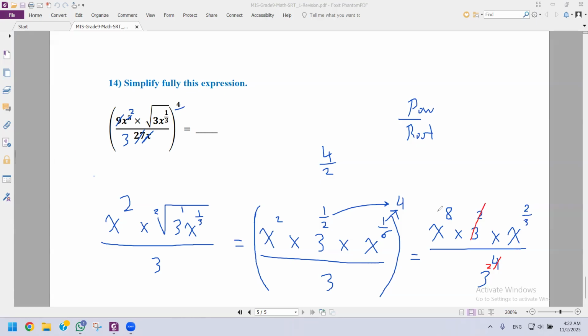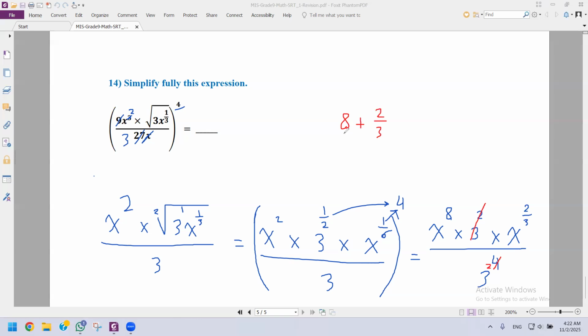Now, what is left for me? X power 8 times x power 2 over 3. We know that in multiplication, what do we do? We add the powers. So 8 plus 2 over 3. But mister, we forgot how to add the fractions. Okay, let me tell you. To add fractions, we must have the same denominator.